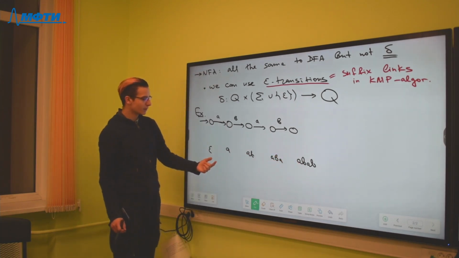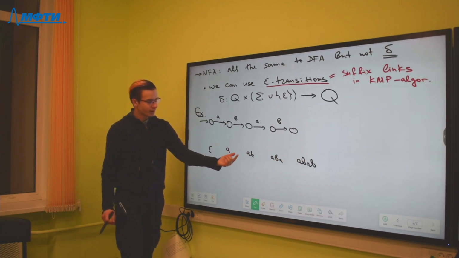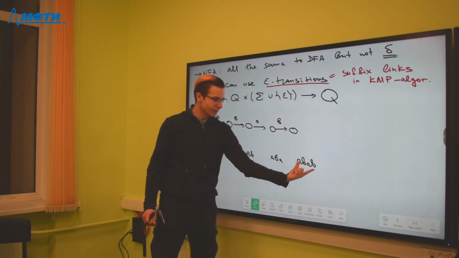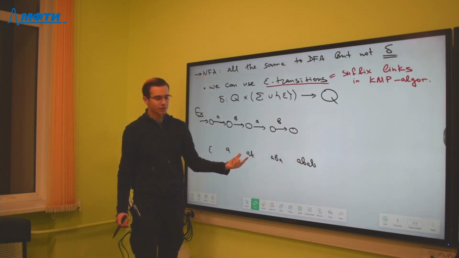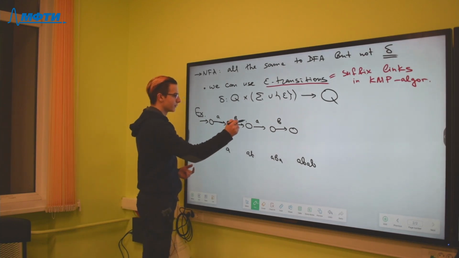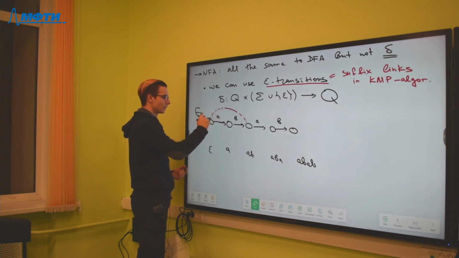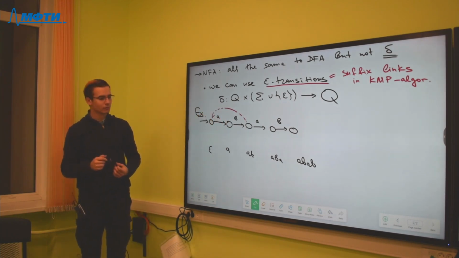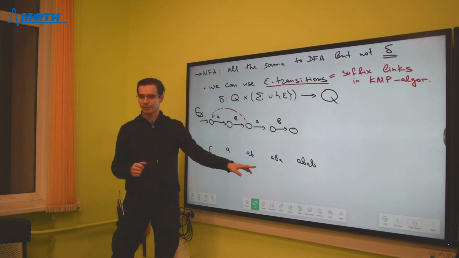For this word, we have no suffix equal to a prefix of it that is not equal to all the characters of this word. Every one of the characters is different from each other.